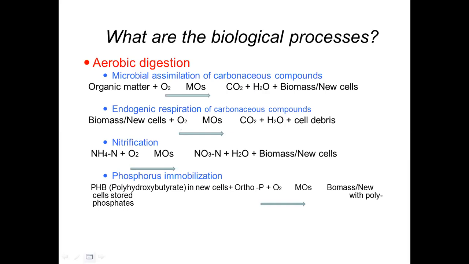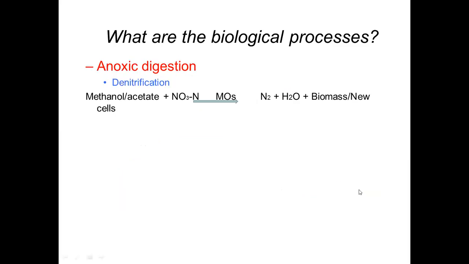In the nitrification process, I hope you are familiar with the nitrogen cycle, ammonia plus iron is converted to nitrate and biomass new cells in the presence of oxygen by microorganisms. Phosphorus immobilization means that phosphorus in the cells reacts with microorganisms in an oxygen environment, and those phosphorus are converted to biomass or new polyphosphate.